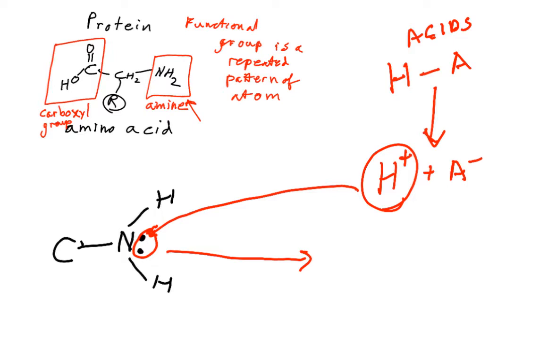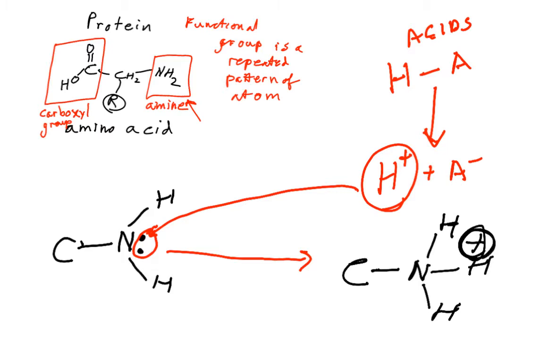That means you'll wind up with a nitrogen that has picked up an extra hydrogen, and it's developed a positive charge. We make use of that positive charge when we dye Easter eggs.